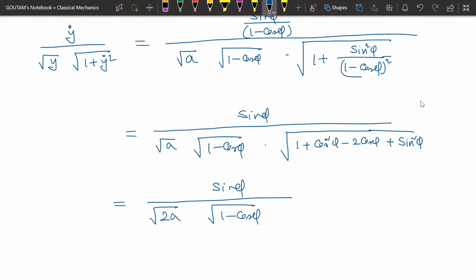If we take 2 common, there will be another (1 minus cos φ), right? So there is a root (1 minus cos φ) and another root (1 minus cos φ), so in that case we can write it as (1 minus cos φ).